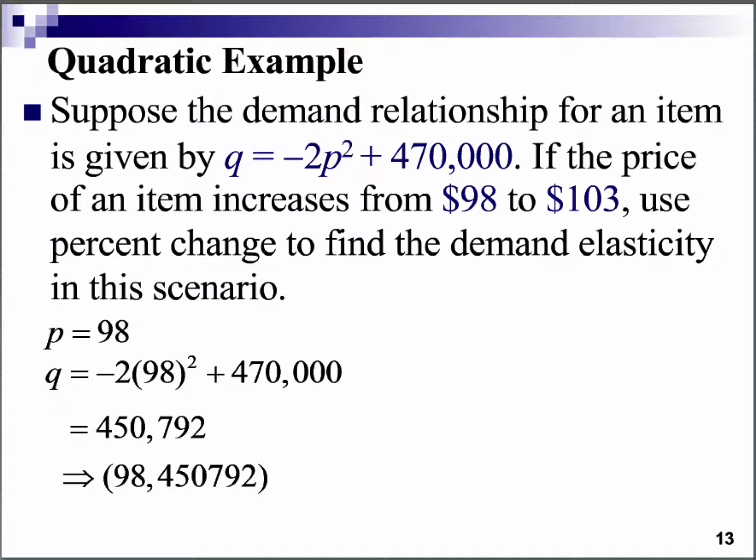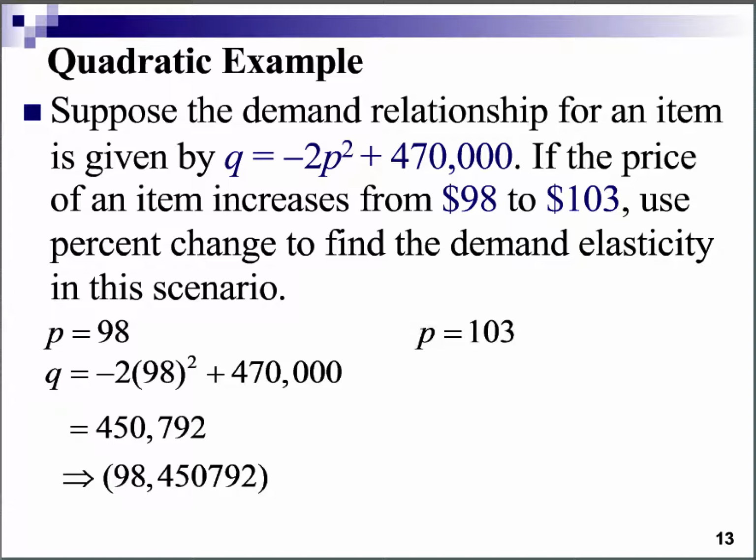When we do that, we end up with a little over 450,000. So at a price of $98 each, there's 450,792 items in demand at that price. So of course that gives me a point on the demand curve just like we saw in the previous example.